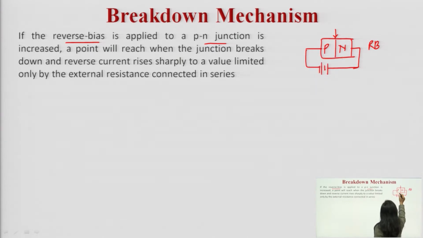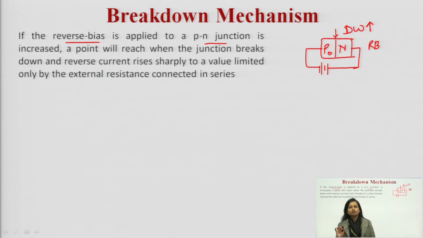So what happens over here? Holes, which are the majority charge carriers in P, are attracted towards the negative terminal of the battery, and electrons, which are the majority charge carriers in N, are attracted towards the positive terminal of the battery. So depletion width is increased in this particular case.